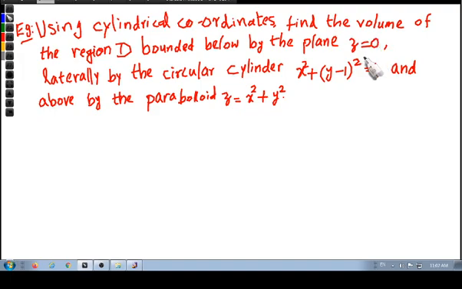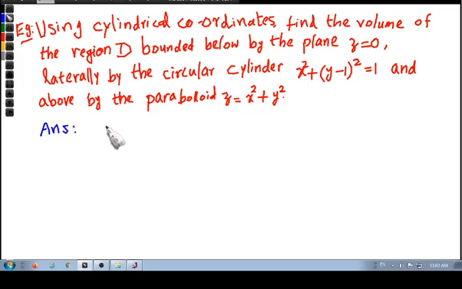So the Cartesian equation z equal to 0 converts to the cylindrical equation z is equal to 0. You don't have to do any other change to this equation. Now look at this.